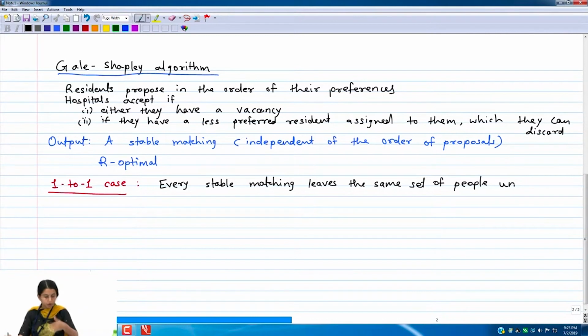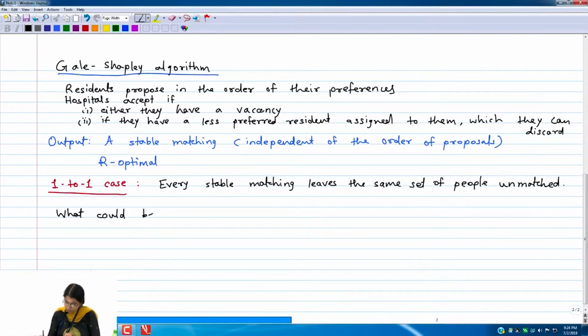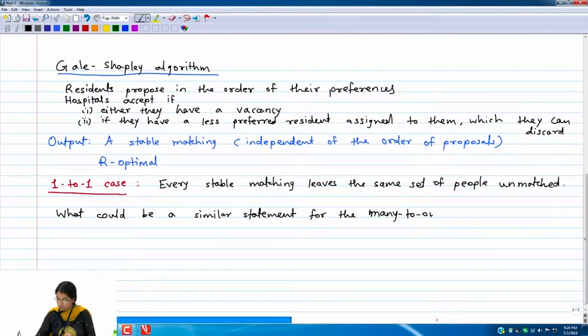What could be the analog of this for the many-to-one case, or the hospital-residents case?